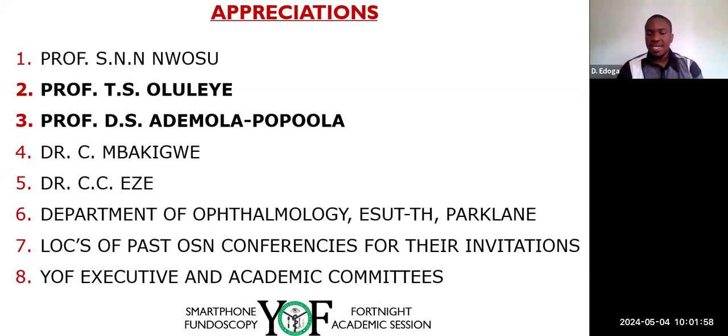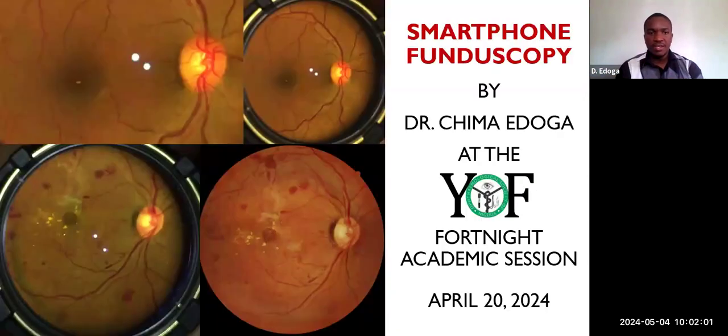Some of the images I showed, like this image here that I'm showing, you can see the optic disc, you can see the fovea, you can see nasal to the optic disc, you can also see temporal to the fovea. So this is a posterior pole image, and this is the advantage of this lens. But if you do not have it, you have to use what you have, but you can plan towards getting this hybrid lens.